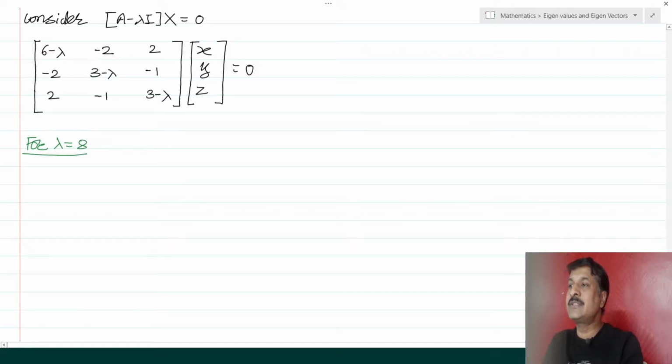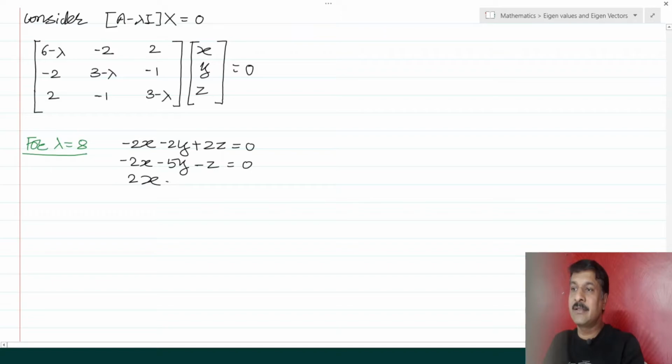So put this lambda here. So we will get here 3 equations: minus 2x minus 2y plus 2z equal to 0, minus 2x, so 3 minus 8, that is minus 5y minus z equal to 0, and 2x minus y minus 5z equal to 0.